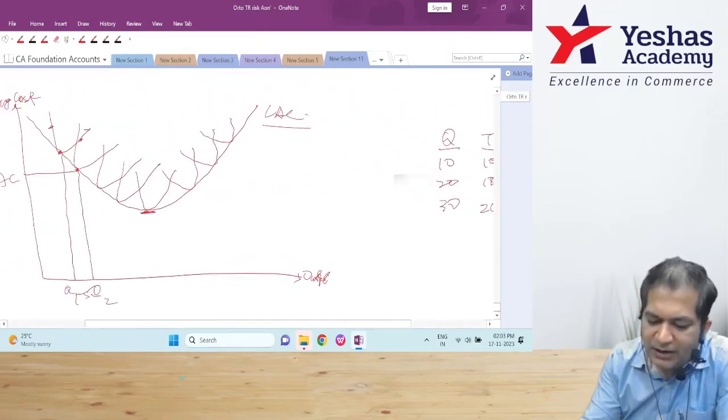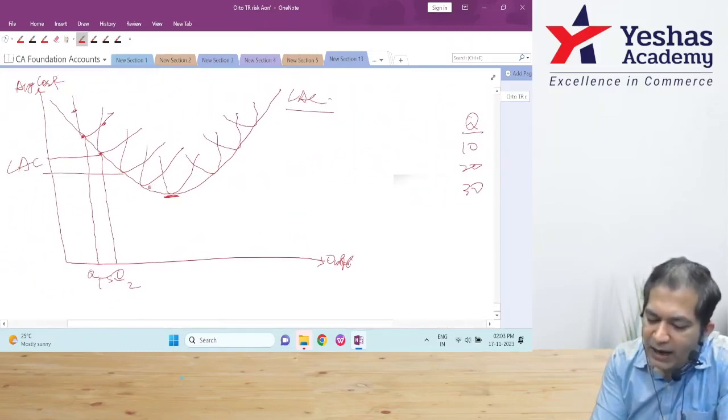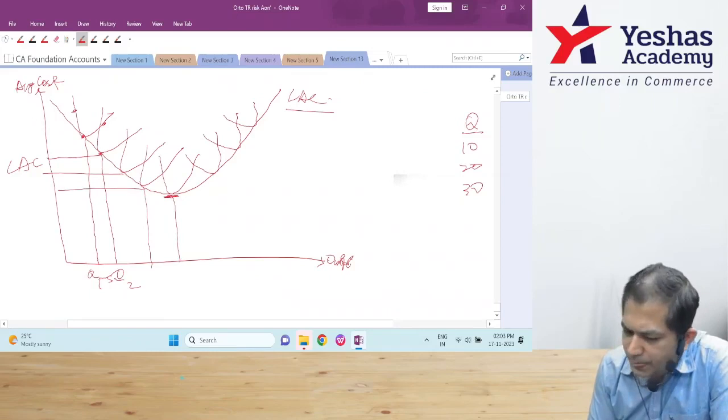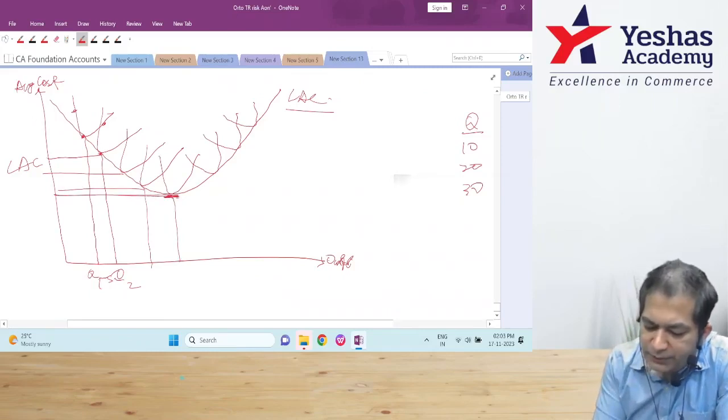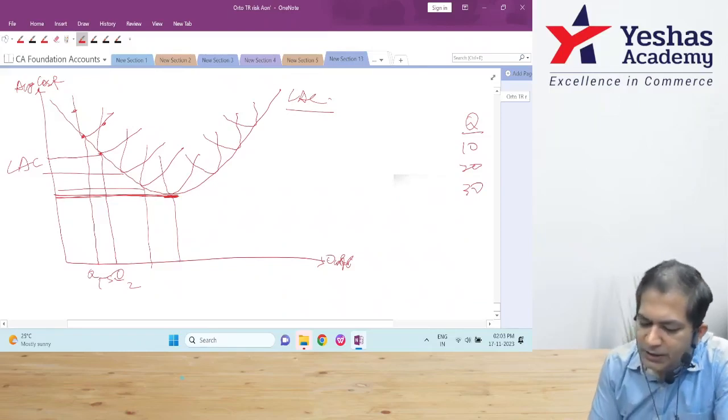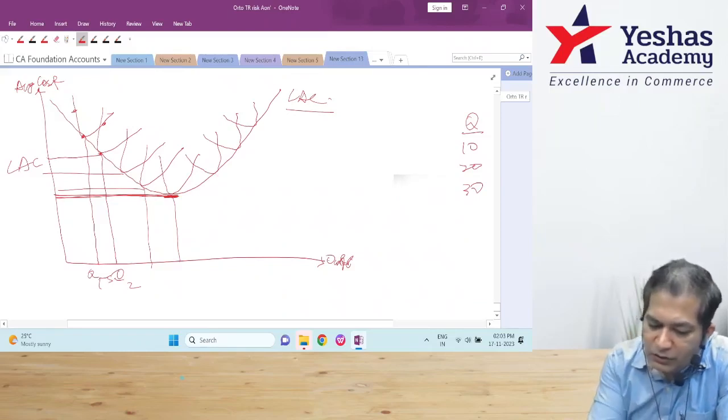This way, I will continue to add more and more plants and produce at the lowest of successive short-run average cost curves. But after reaching this point, the same logic is not applicable. It means if I put one more plant, you see what happens is that my average cost begins to rise.